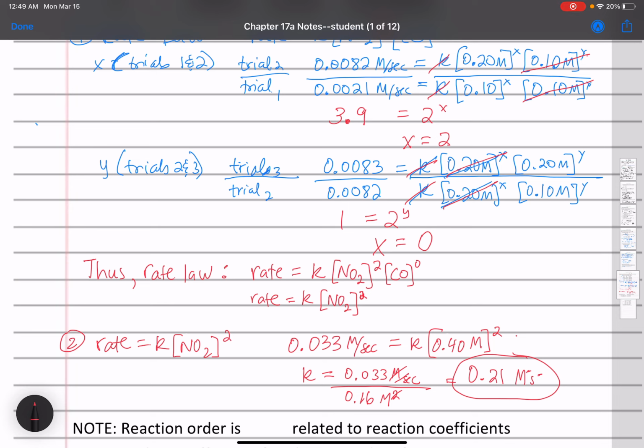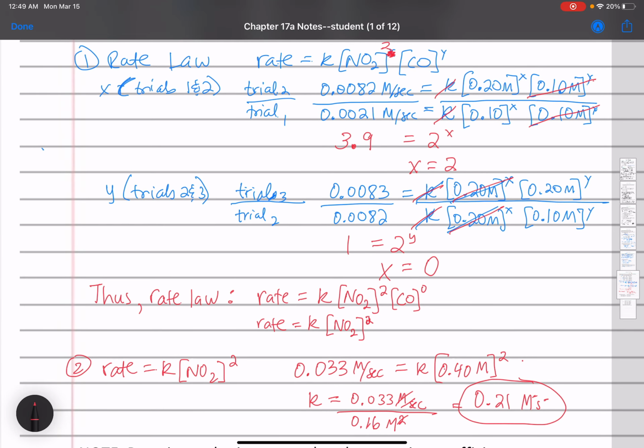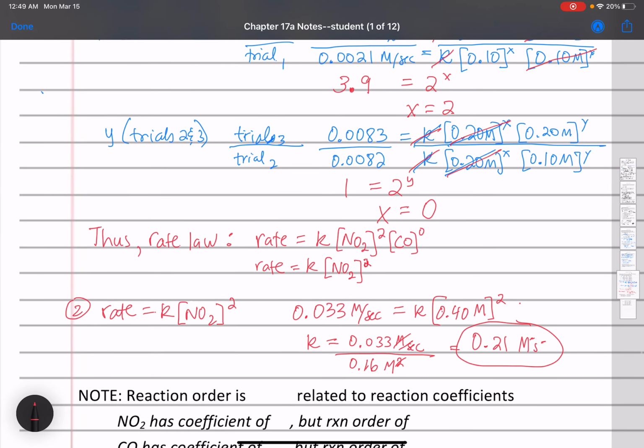So now we could potentially be asked a third part of this question. It could say, based on the rate law, what would you expect the rate of the reaction to be at such and such concentration of nitrogen dioxide, if we had a concentration of 0.55 molar?